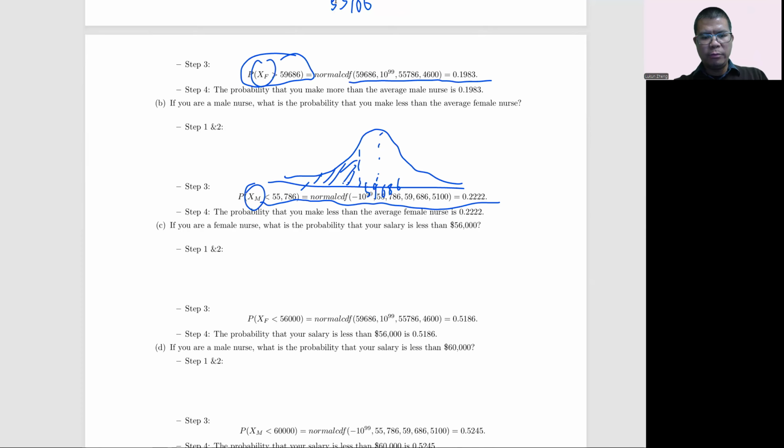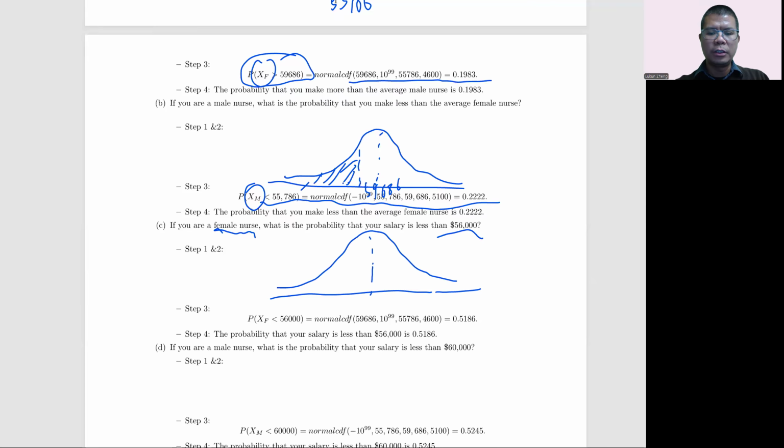So if you're a female nurse, what is the probability your salary is less than this? All right, so for female, the average is 55,786. So 6,000 is somewhere here. So that is what we have, and then you can find that, right?